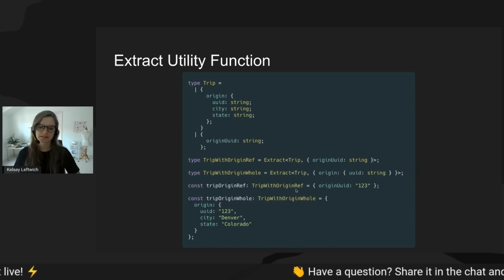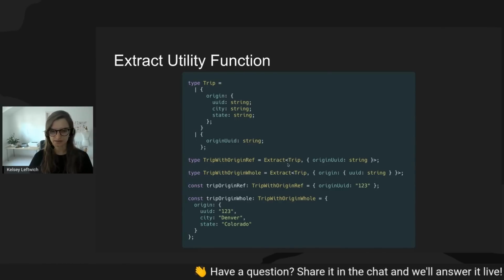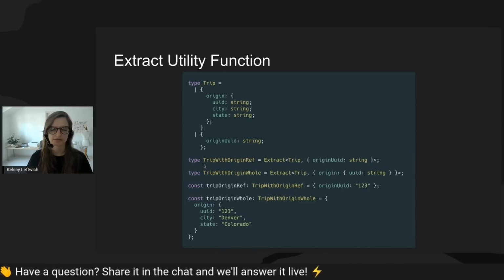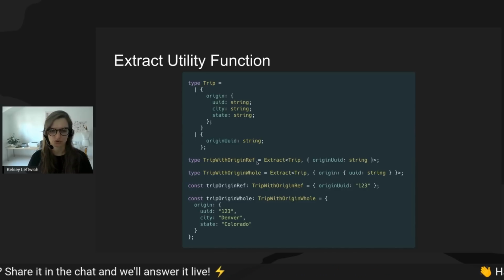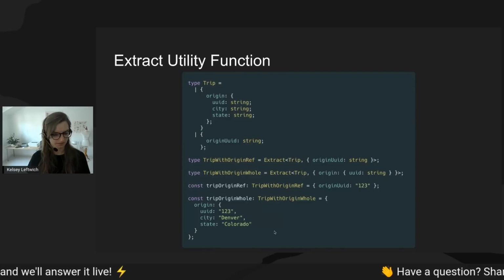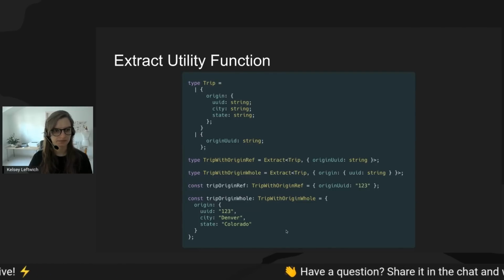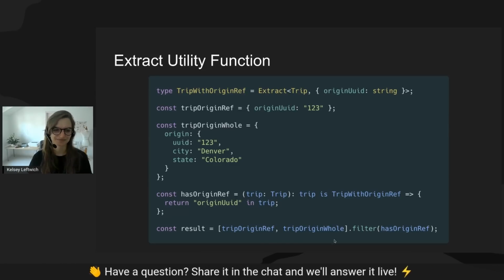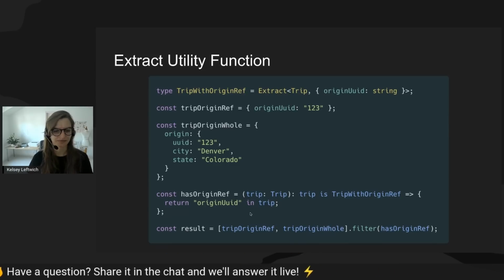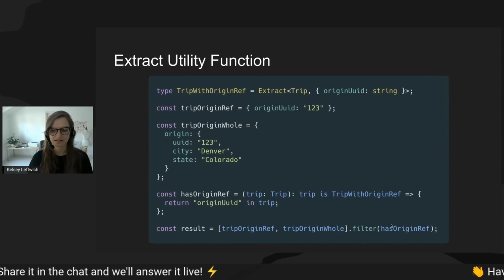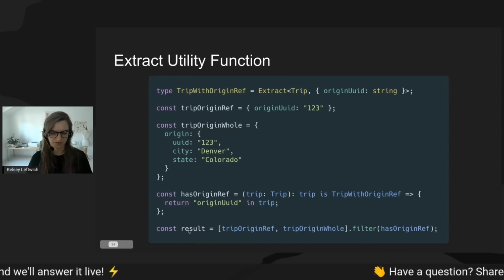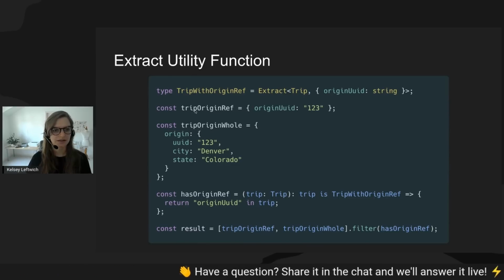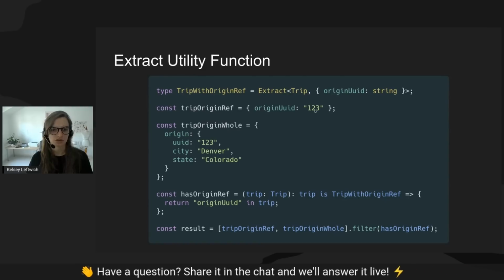What's also great is you can use this in conjunction with those type predicates. You can have a function that is isTripWithOriginRef and use this extracted type. That's basically what I did here, and then here we're doing a filter. We have a TripWithOriginRef, the one I had on the previous screen, and I instantiated an object.